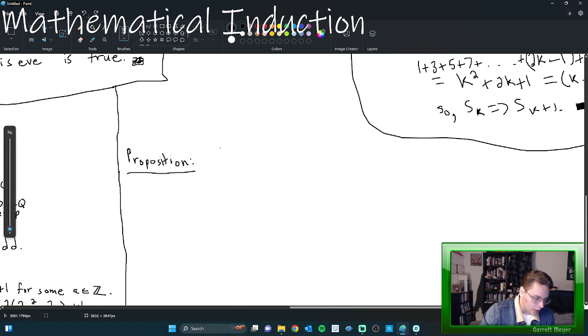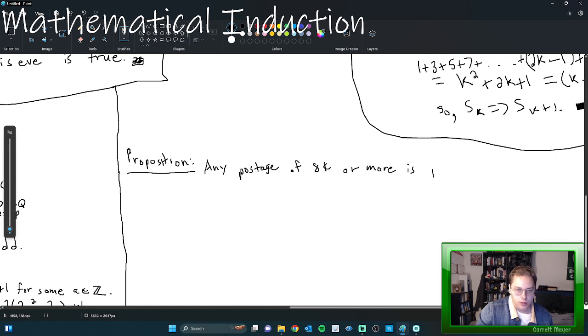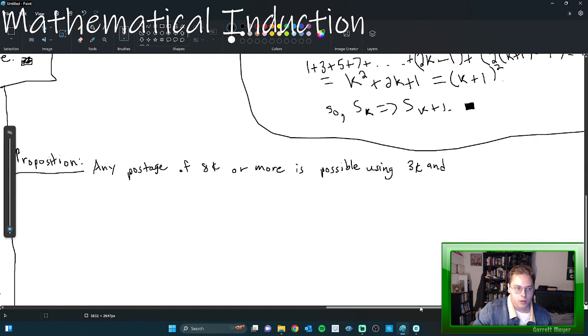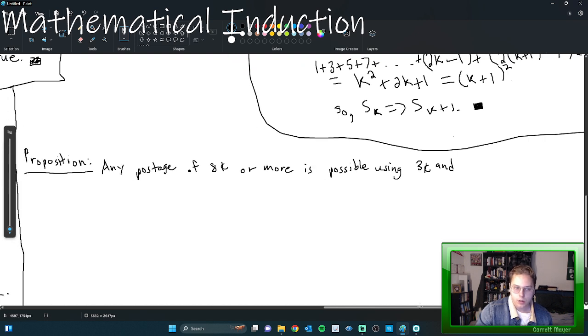Okay, so the proposition is: any postage of 8 cents or more is possible using 3-cent and 5-cent stamps alone.